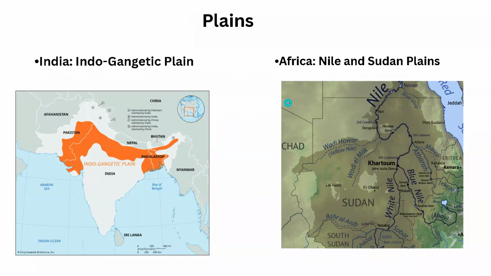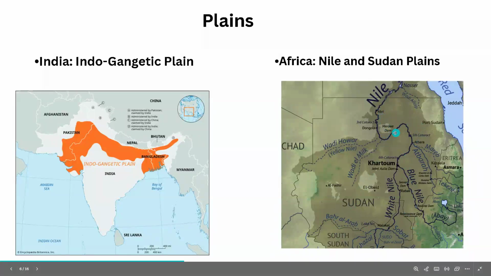Next, plains. What are the important plains in India? In India, the Indo-Gangetic Plain, all this orange color. This is called the Indo-Gangetic Plain. For Africa, Nile and Sudan plains. This is the Sudan region.